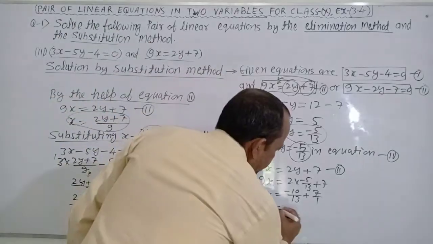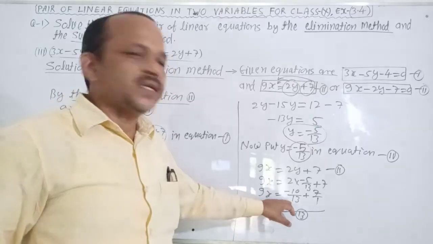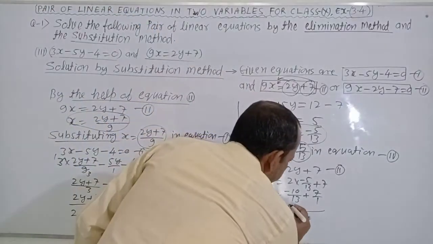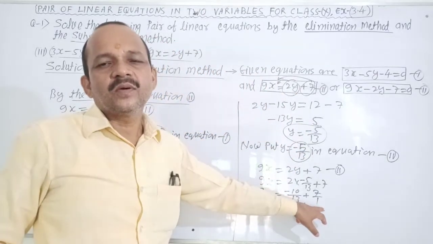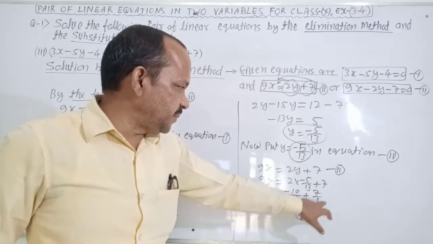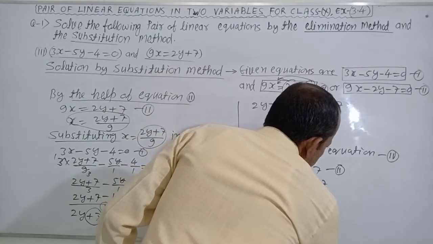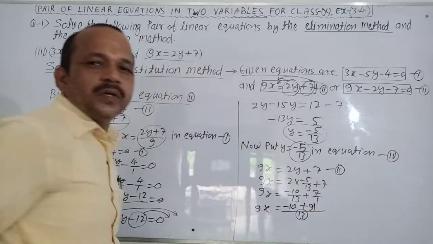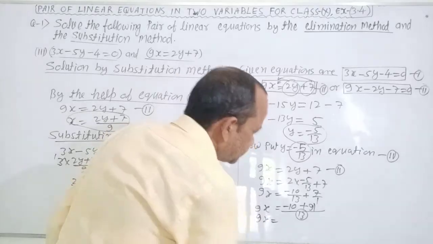You can take LCM 13. 13 divided by 13 find 1, 1 multiplied by minus 10 you find minus 10, plus 13 divided by 1 you find 13, 13 multiplied by 7 you find 91.